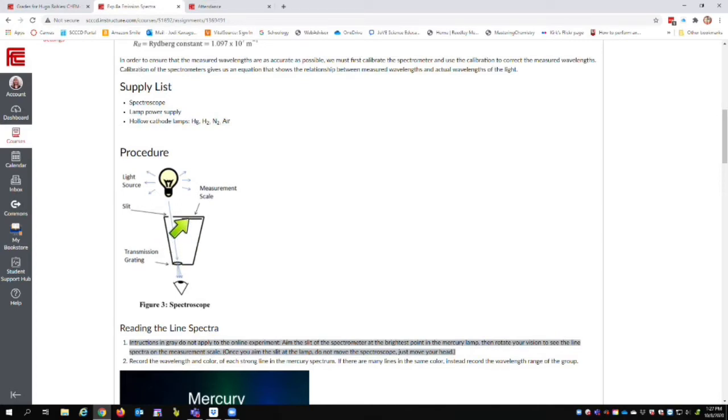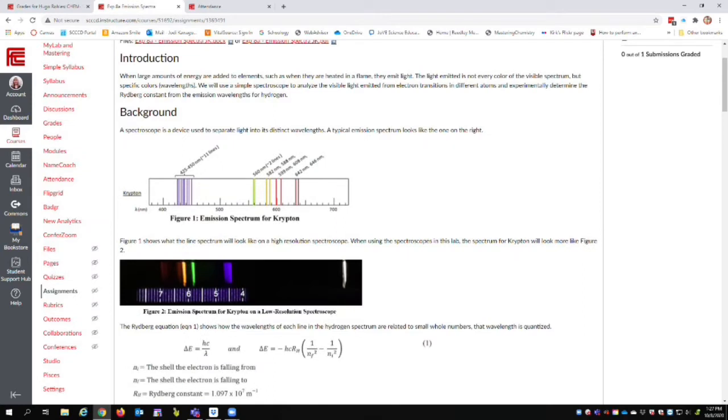So we're looking at how the light gets separated according to different wavelengths. So this is what an emission spectrum for the element krypton looks like. And we see that there's a lot of lines, right? They're thin lines, and each line represents a single transition from one energy level to another for an electron.